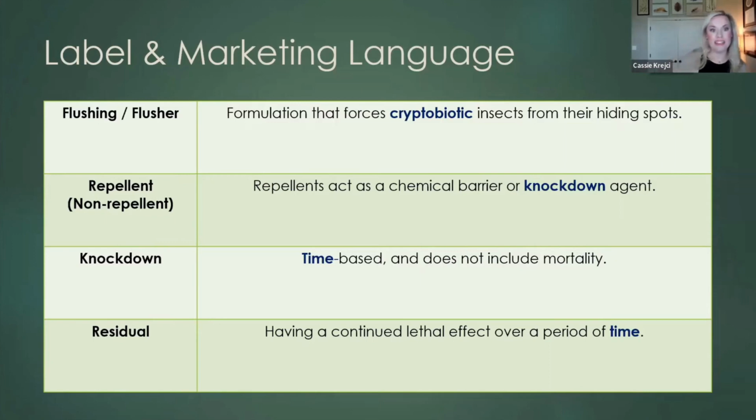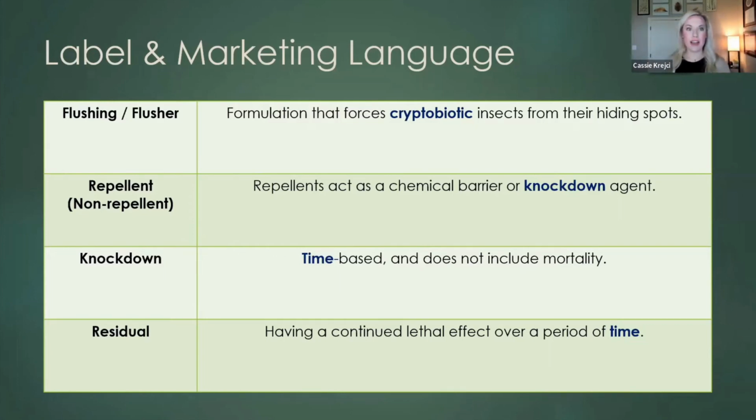Repellents versus non-repellents. I think that we could have a whole class on this. Formulations can limit repellency. So repellents act in general as a chemical barrier or a knockdown agent. There's something, again, in that nerve toxin group that stimulates nerve responses from insects.